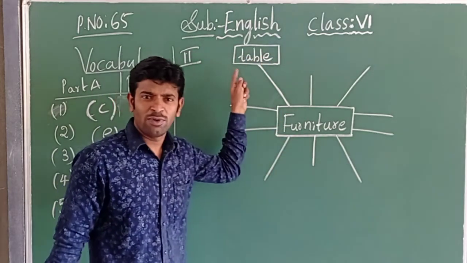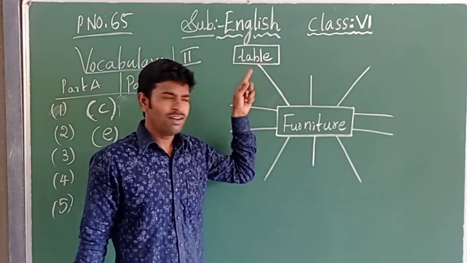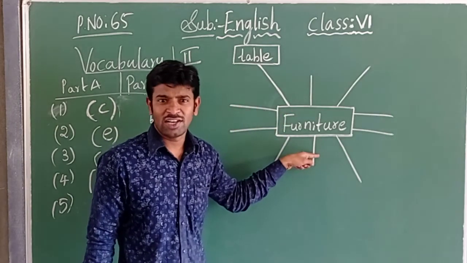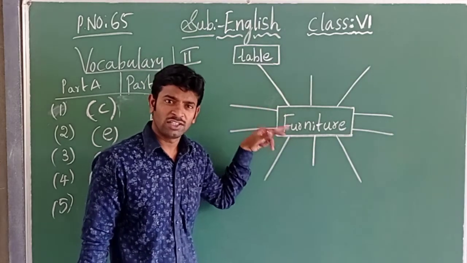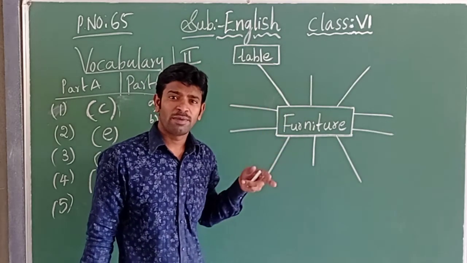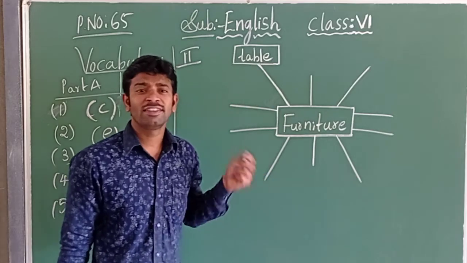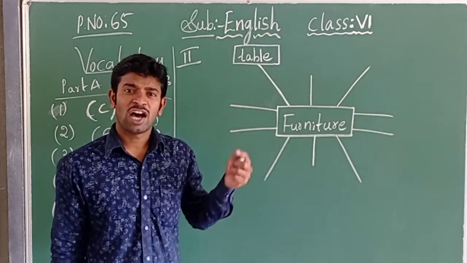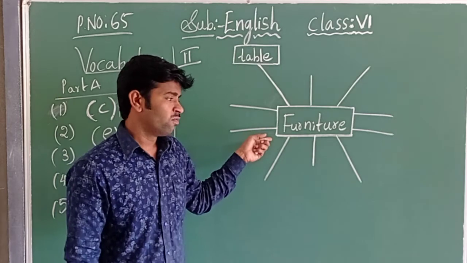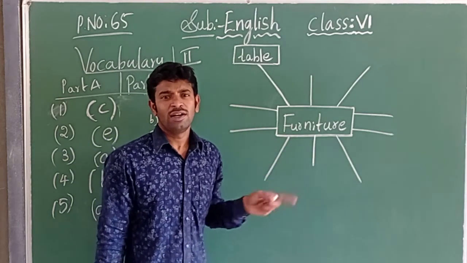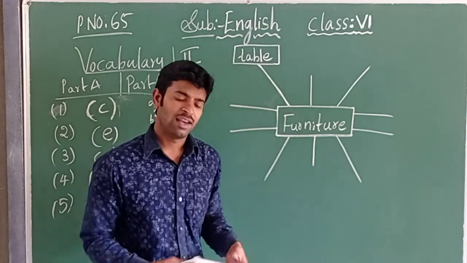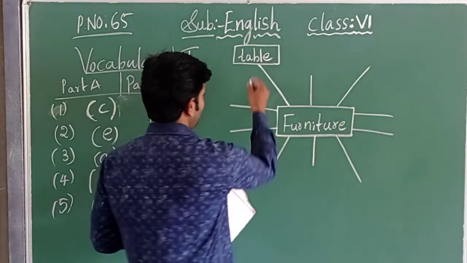It is one type of table, no? Yes. Table is one type of furniture. In this way, the things which are prepared with wood are called furniture. And this furniture is useful in our daily life. Now, the first one, the table, is given.